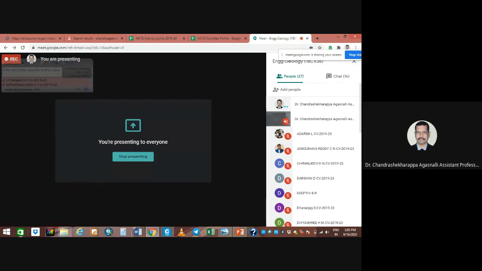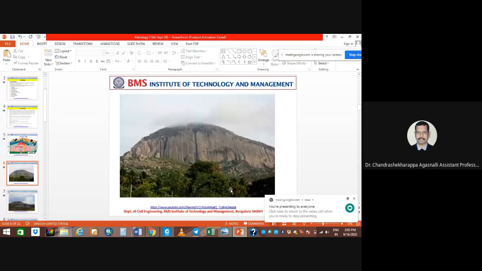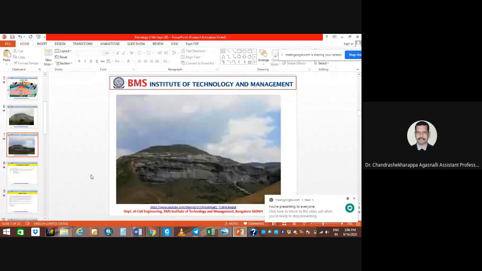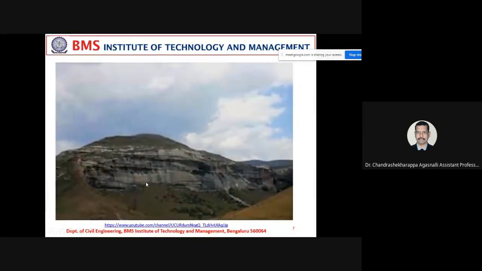Right. So this is one exposure. This is where the granite is... This is a granite quarry done in the surrounding areas.